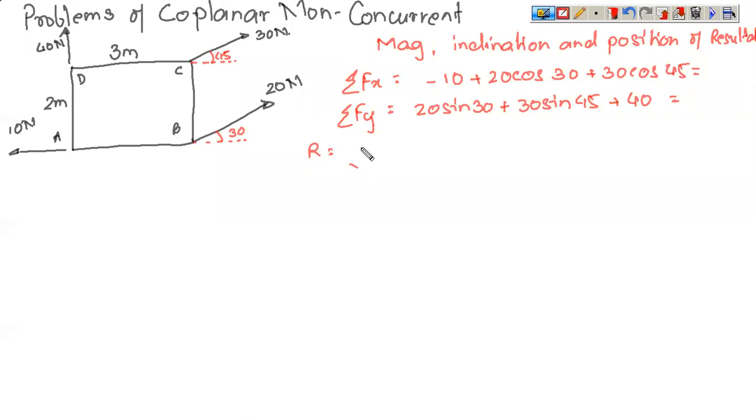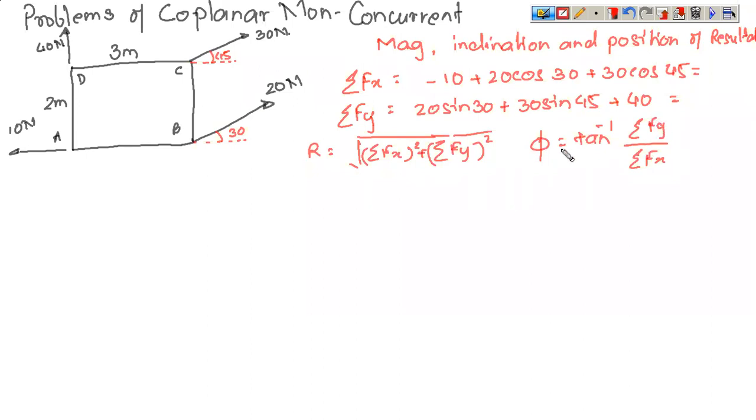Now R, by parallelogram law of forces, is the square root of sigma Fx whole square plus sigma Fy whole square. We will find out the value of R. Now phi, the inclination of the resultant with the horizontal, is given by tan inverse of sigma Fy by sigma Fx.